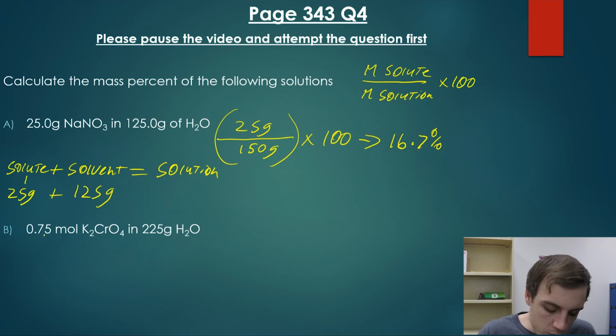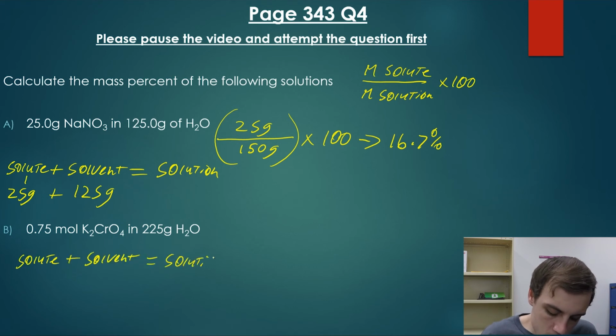So we have 0.75 moles of potassium chromate in 225 grams of water. So this follows the same logic as we looked at up here. We have the mass of our solvent, which is 225 grams.